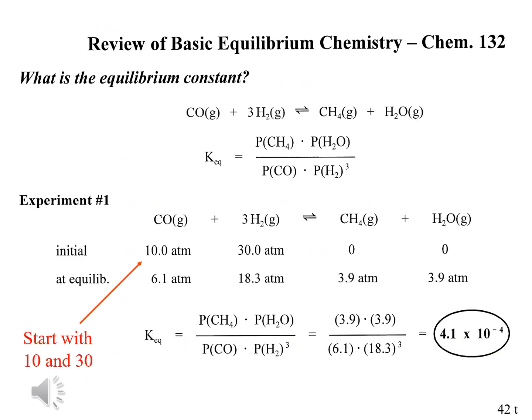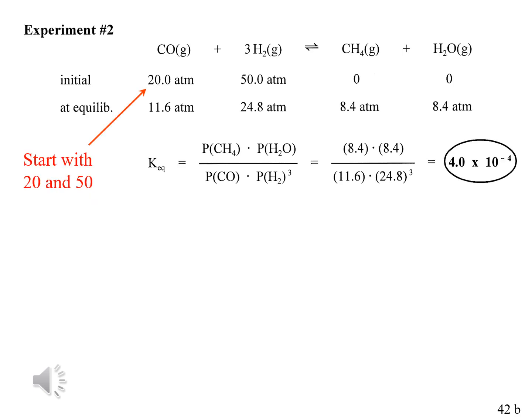Now let me show you another experiment. In the first one, we started with 10 ATM and 30 ATM. I want to do another experiment now. Let's suppose the chemist cleaned out the flask and started with different amounts this time, 20 and 50, and let them come to equilibrium. So those are what are left according to the chart.